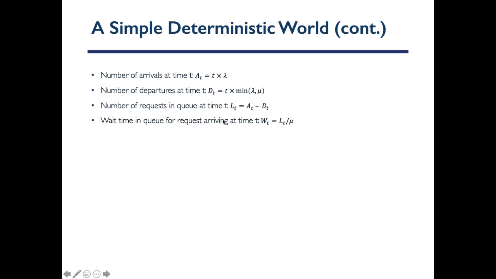Before that, we also want to introduce WT, which is the time that each request spends waiting in the queue, and that would be the number of requests in the queue divided by service rate. That's how much your wait time is.